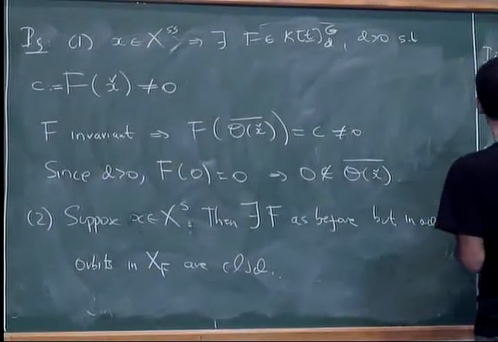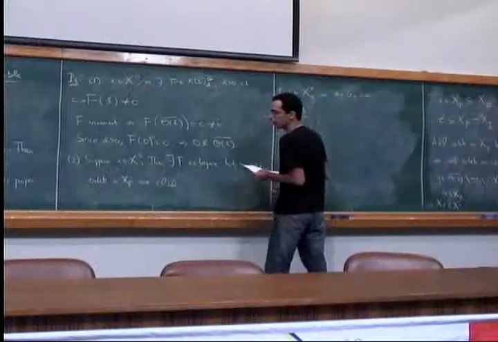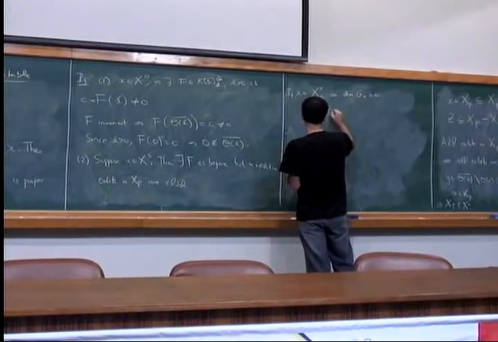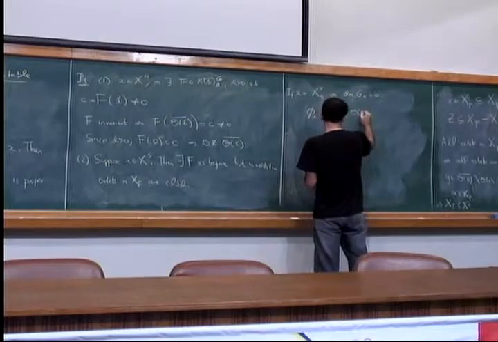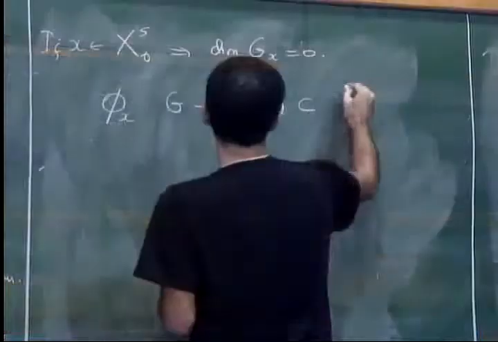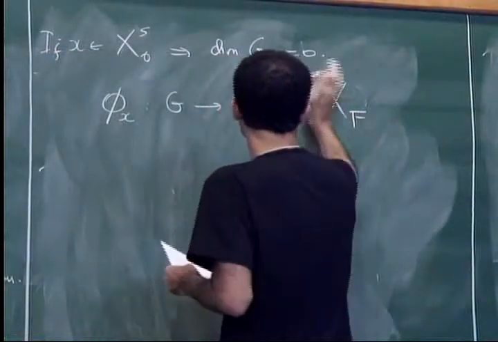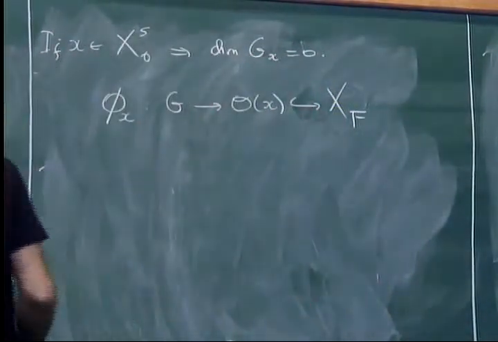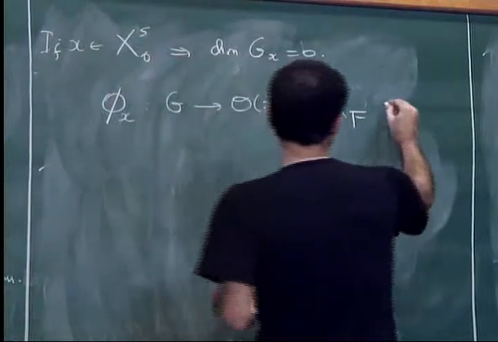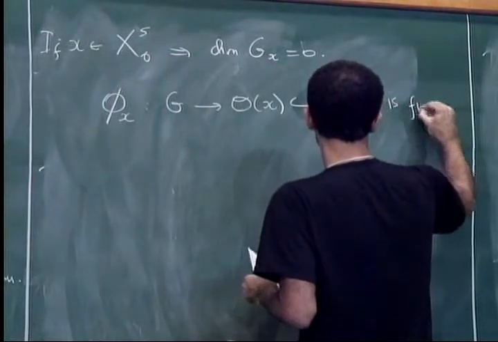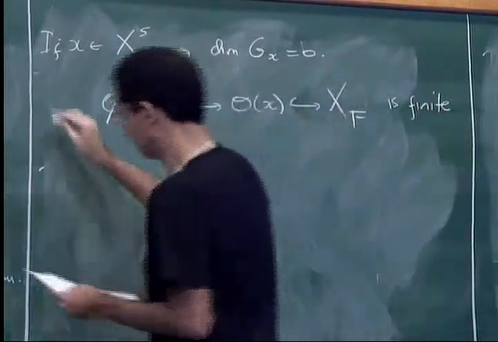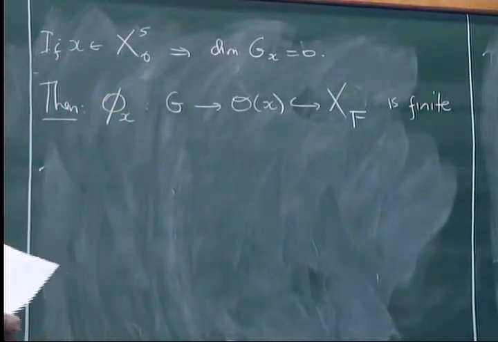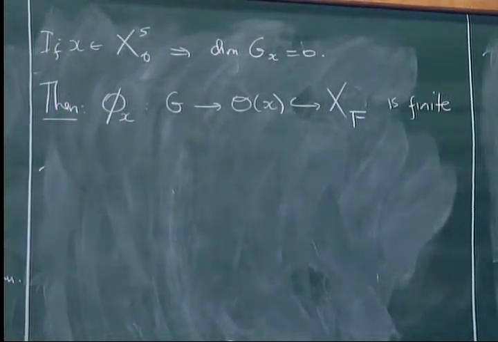And now using that, let's consider the morphism phi of X from G to the orbit inside X of F. So let me compose with the inclusion here. Right? So what happens is that this map is finite. Okay, so why is it finite? Well, first of all, the orbit is closed.